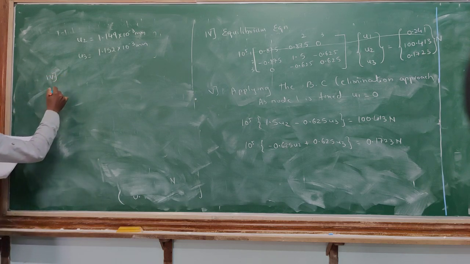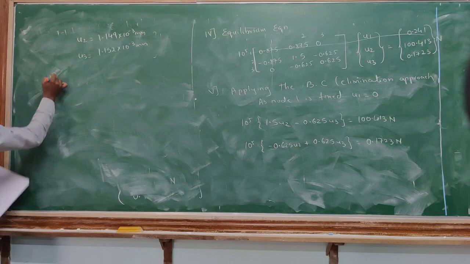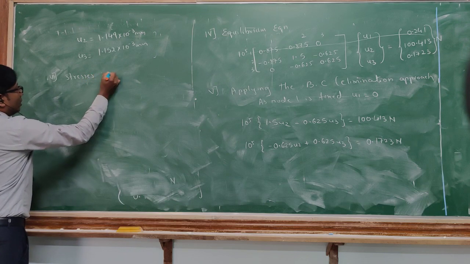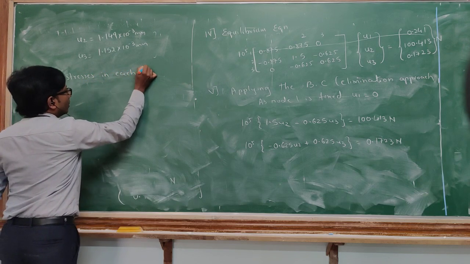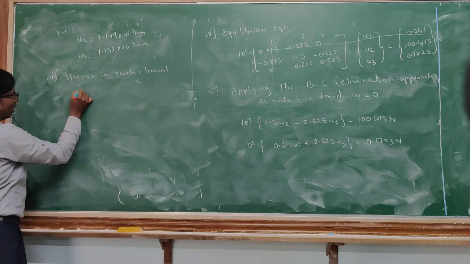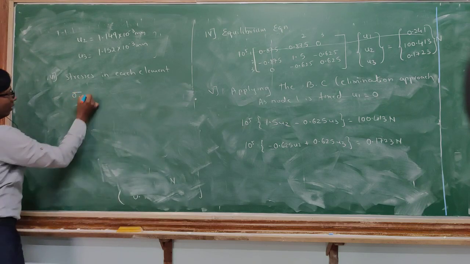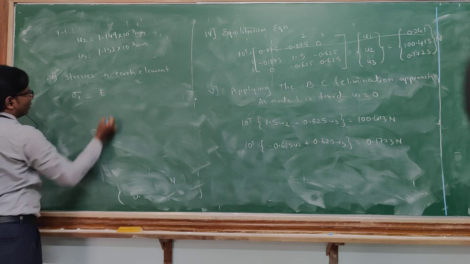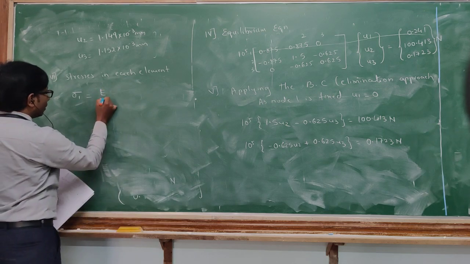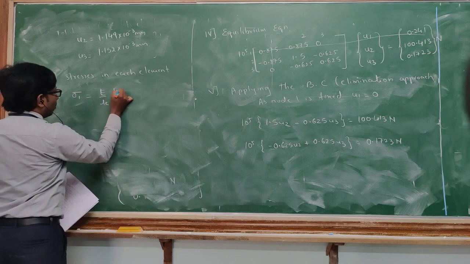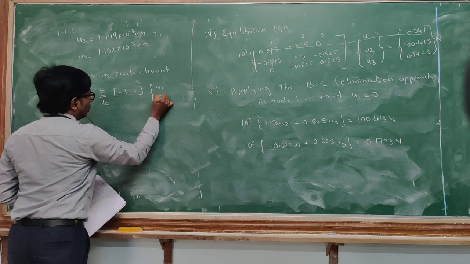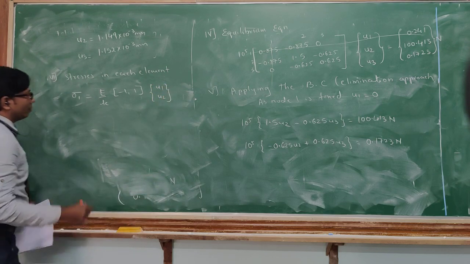Stresses in each element. I will take sigma 1, which is E into B into U, that is E by LE into minus 1, 1 times u1, u2. We will do this for the first element.